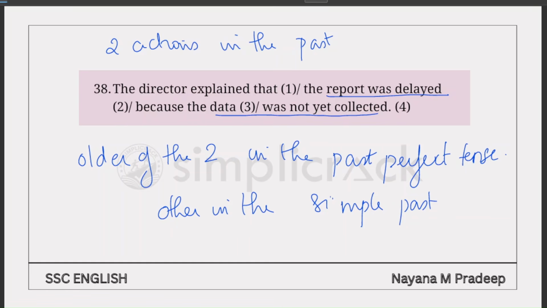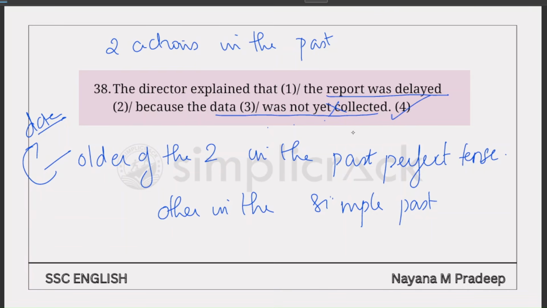Now here, which is the older of the two actions? Is it the data not being collected or the delaying of the report? It is the data not being collected. Because the data was not collected, the report was delayed. So the data had to be collected before the report. So the older of the two actions is the data not being collected. But here, is it written in the past perfect tense? Is "was not yet collected" in the past perfect tense? No, this is wrong.